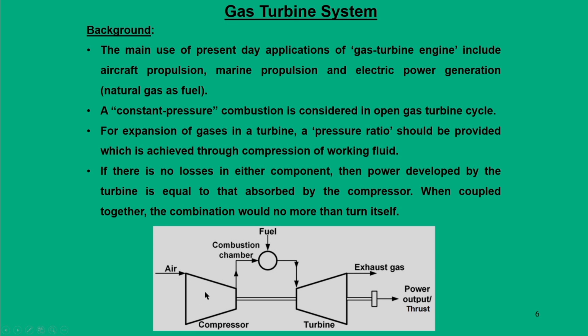Compressed air is fed to the turbine. When it expands in the turbine, we get power output, but we also require power for the compressor. So, in an ideal scenario, the turbine would develop a power that will run the compressor.